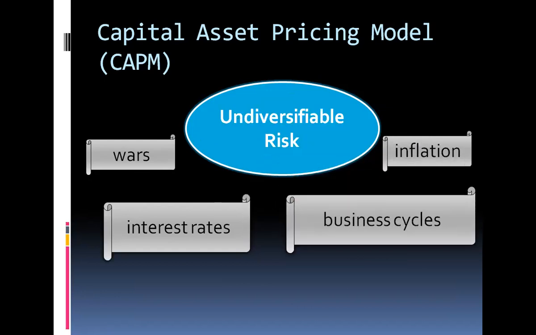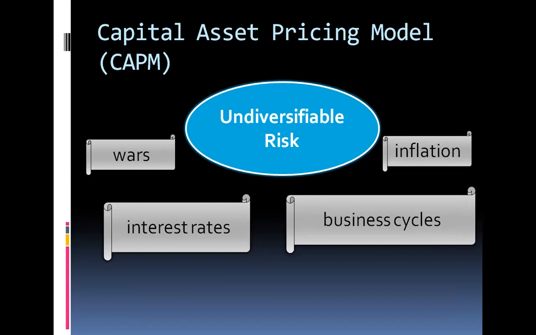Now, let's move on to undiversifiable risk. Undiversifiable risk, or systematic risk or market risk, is that part of a security's risk caused by factors affecting the market as a whole.